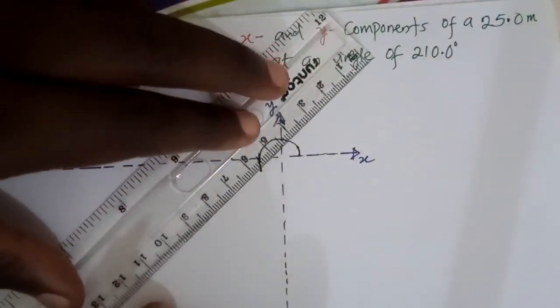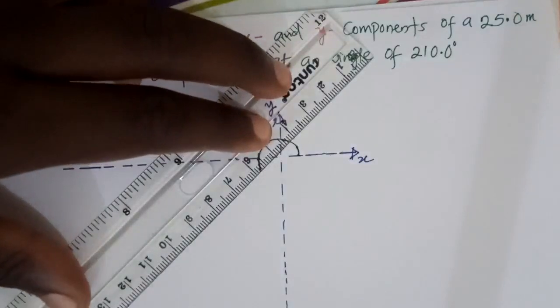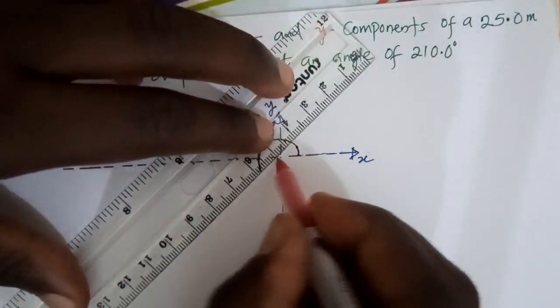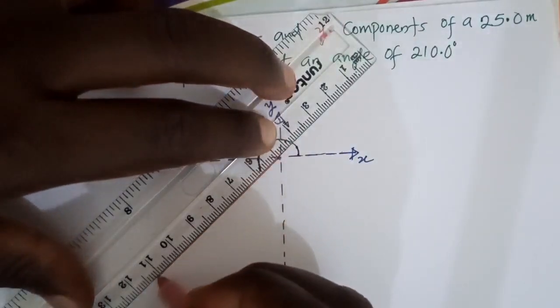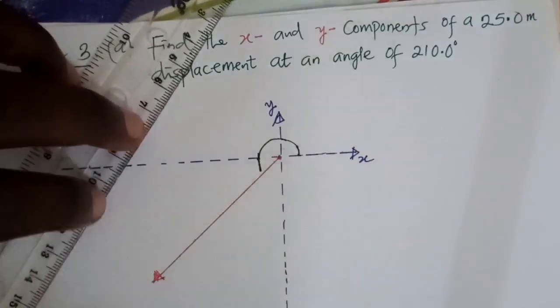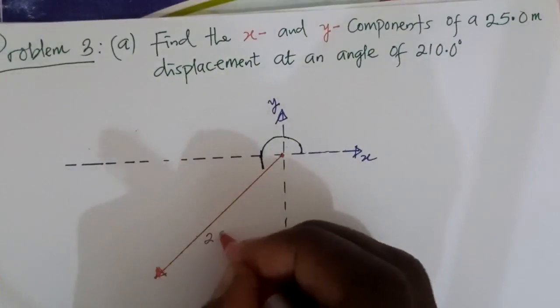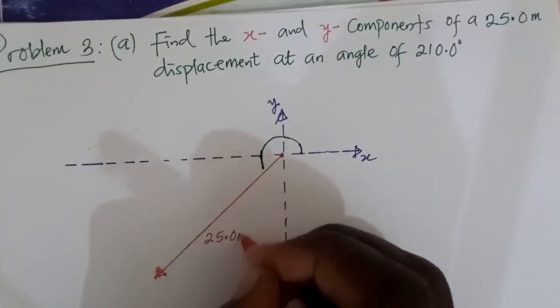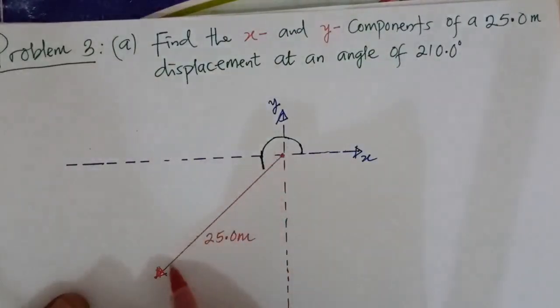So I will draw a line, my vector, from the origin here. This is my vector. Now this is my 25.0 meter displacement vector.